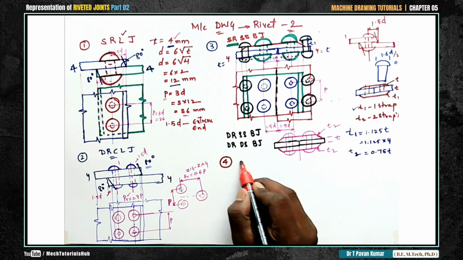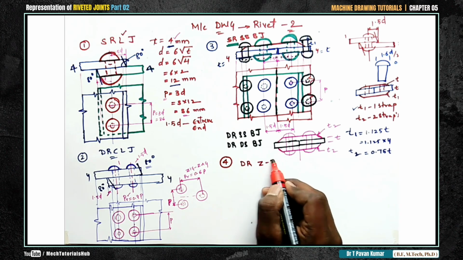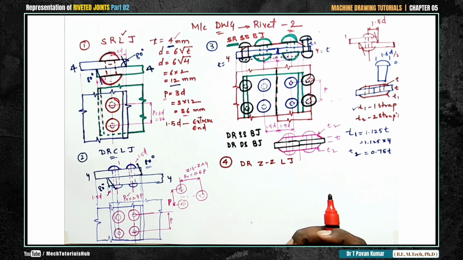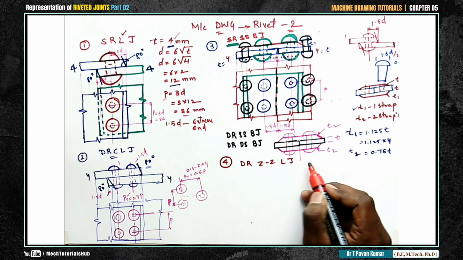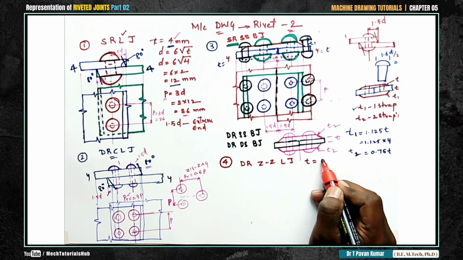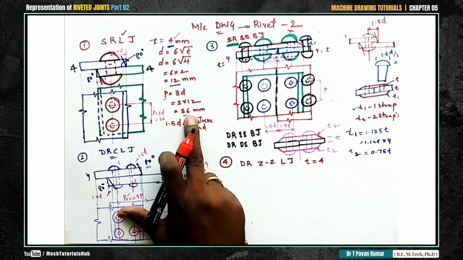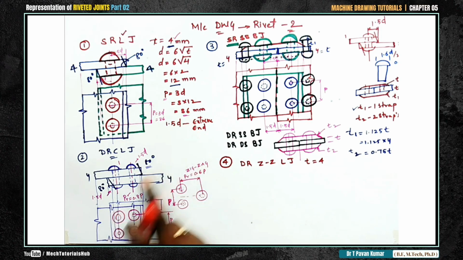We know what is lap joint, we know what is zigzag, what is double riveted. Okay, everything is simple. Now he'll give you value of T is equal to some 4 mm. If T is 4, D is 12, P is 36, 1.5D from the extreme end point.